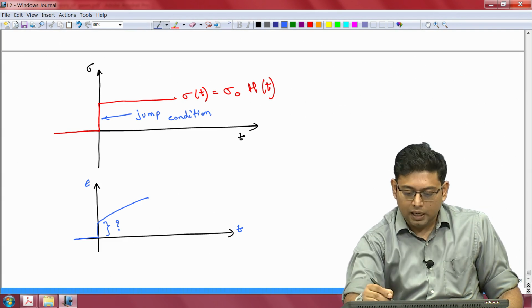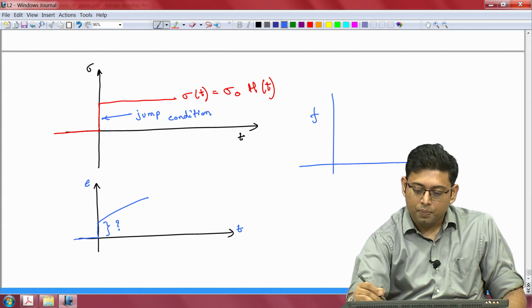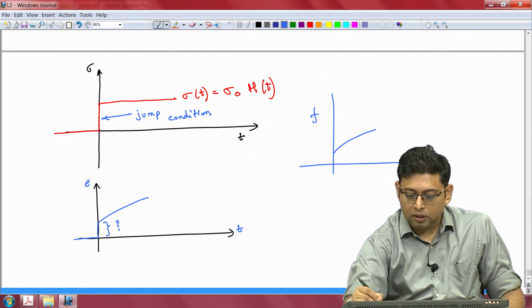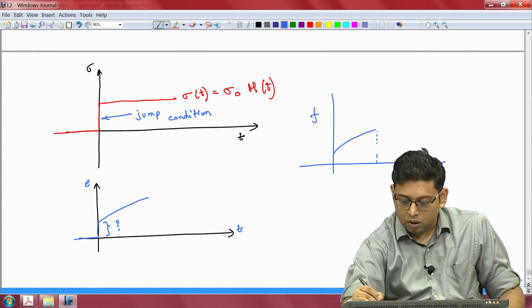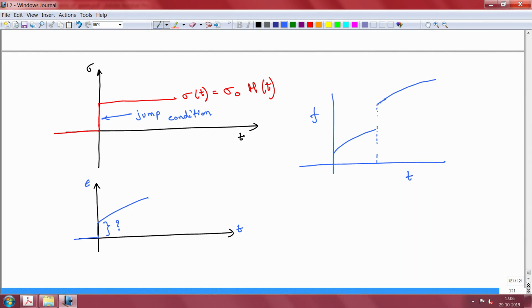And to be just mathematically a little bit more elaborate, a jump condition implies that if you have a function f that you are plotting, then you can have a situation where the two limits from the two sides differ. So, if this value is, let us say, t star, and I start approaching t star from the left hand side, then I end up with a different limit condition, and this is usually called the minus limit.